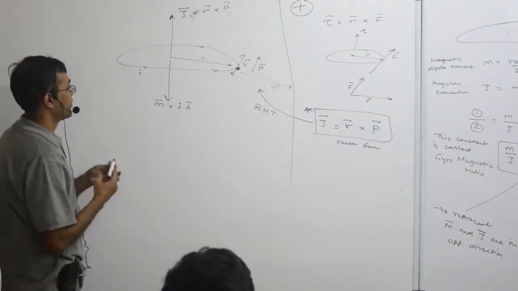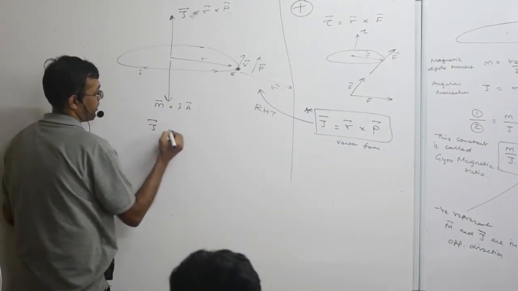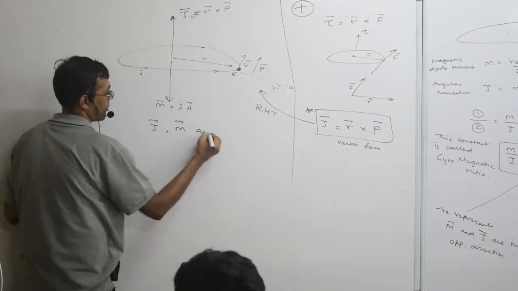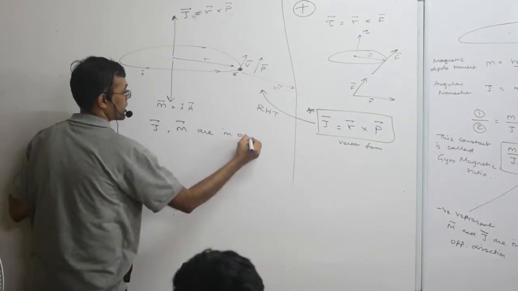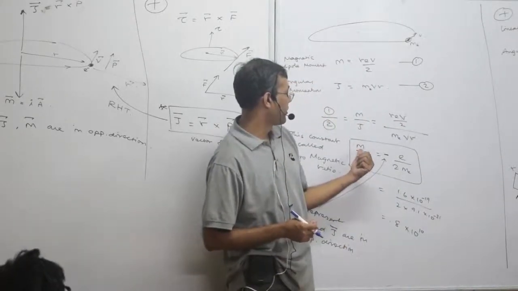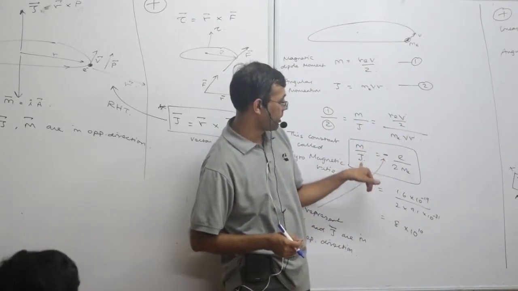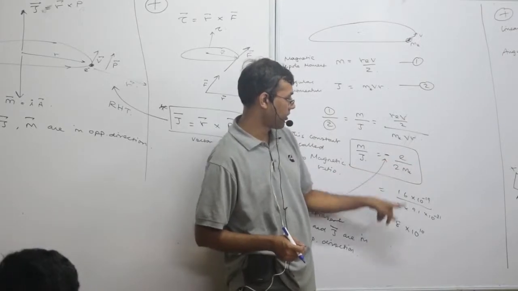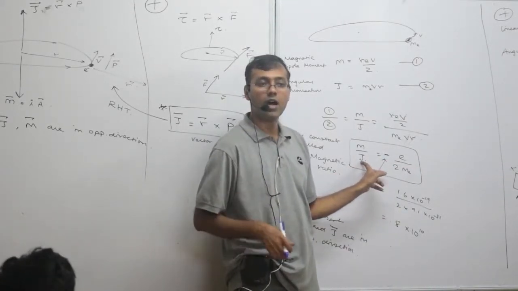This is the reason you can say J and M are in opposite directions. Sometimes they may give you this and ask you this. Since this is a constant, you can easily find the other one.